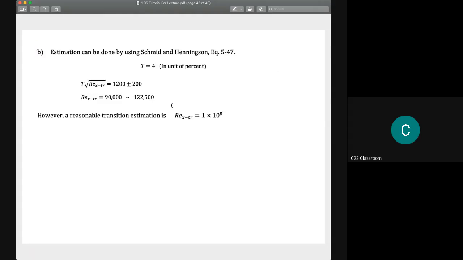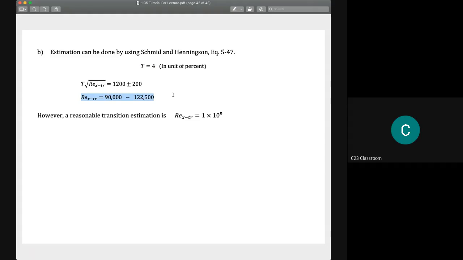So what we could use is the Schmidt and Henningson equation 5.47. The equation is written like this, and T here is the percentage of free stream turbulence, in units of percent. If we have 4%, we substitute T equal to 4 in this equation, then we can calculate the value of the Reynolds number.